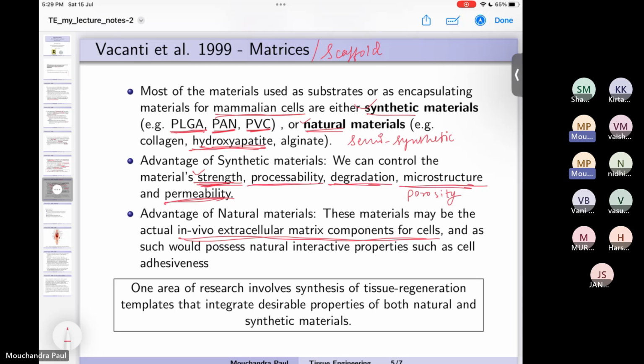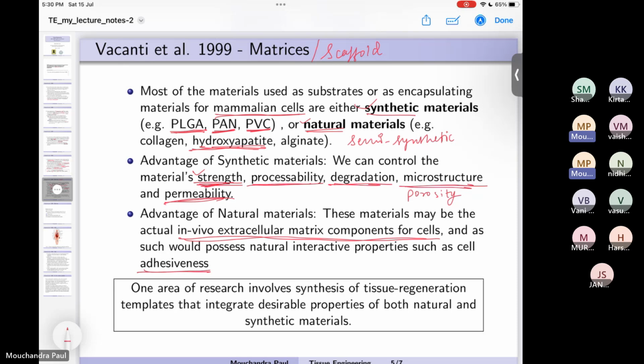That is why natural materials are also non-toxic, like they are not toxic to the cellular growth. And these materials have naturally the adhesiveness. As I said, the cells already have the integrin receptors needed to recognize the cell binding domain that is present, say, in collagen, and thus easily adhere to it. So this kind of property is naturally not there in synthetic materials.